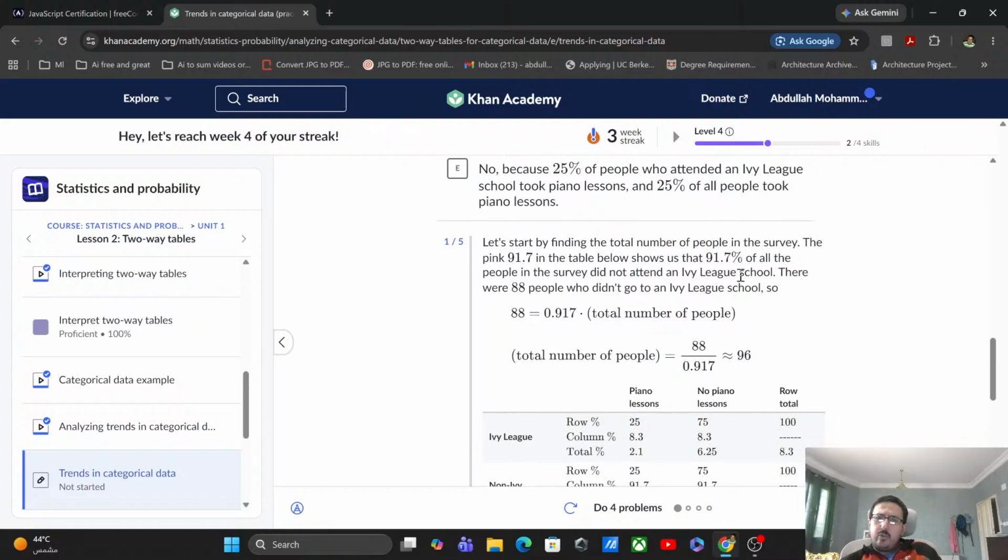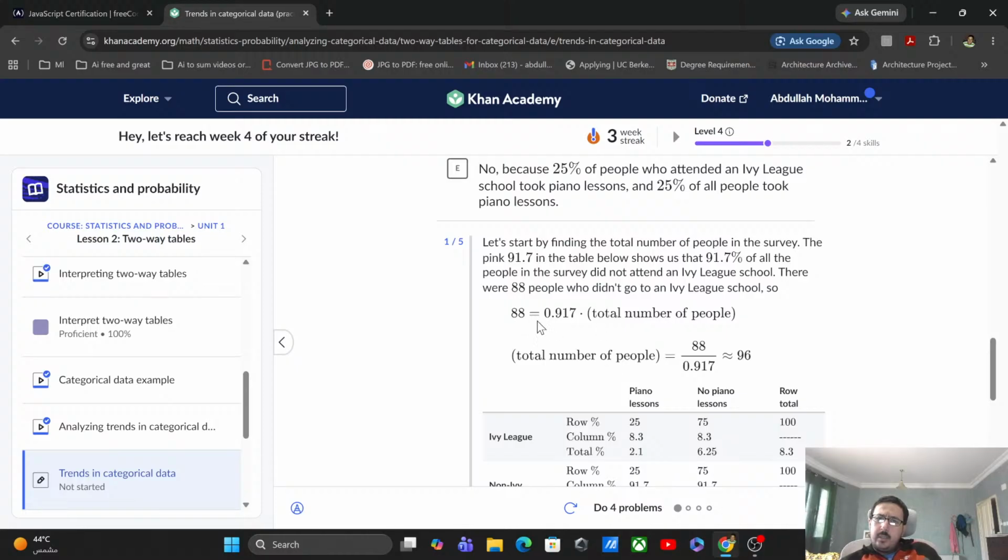What's that? In the survey, 21.7 in the table. Then the Ivy school. There's 88 who didn't go to an Ivy League school.